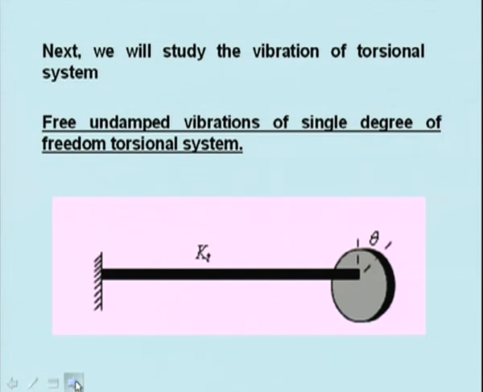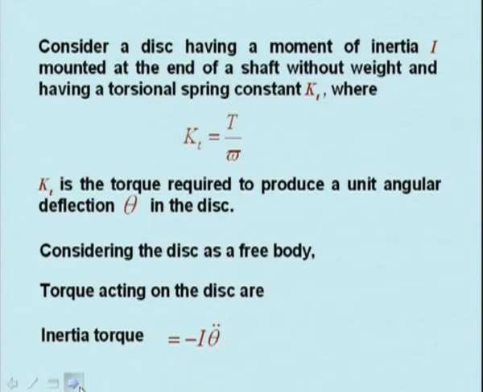Now in this system, the moment of inertia of the disc is I and it is mounted at the end of a shaft without weight, that means the weight of the shaft is negligible compared to the weight of the disc, and having a torsional spring constant kT, where kT is equal to T divided by theta.